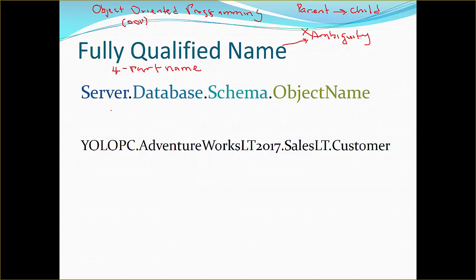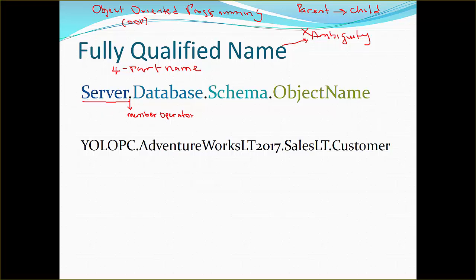And what is this four-part name? You start by stating the server name, followed by a dot. This dot is what we refer to as the member operator. All it does is say that what's to the right of the dot is a descendant of what is on the left.